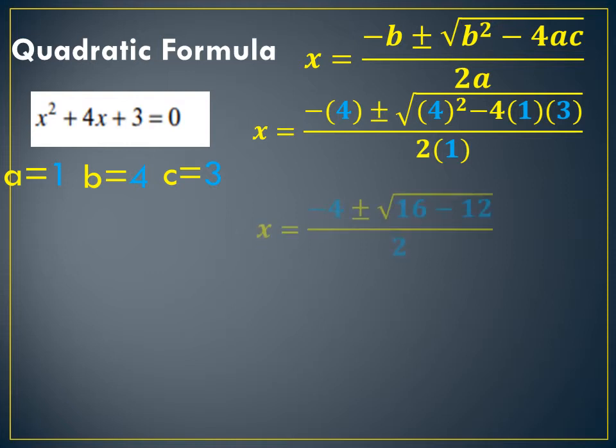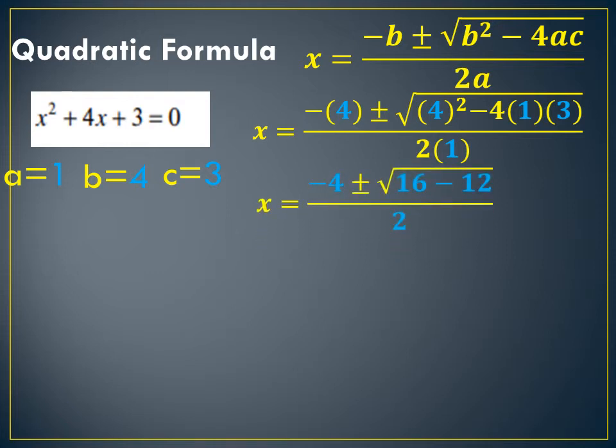Okay, then we will simplify. So negative times 4 is simply negative 4, plus or minus the square root of 4 squared, which is equal to 16. And then negative 4 times 1 times 3 is equal to negative 12.